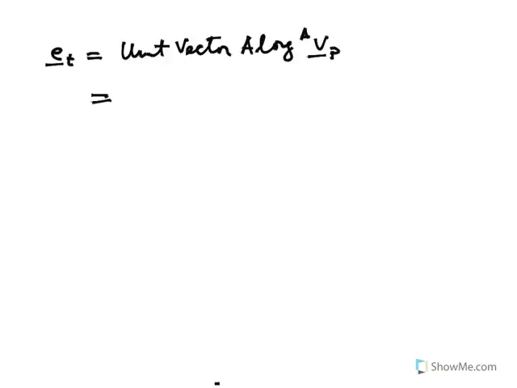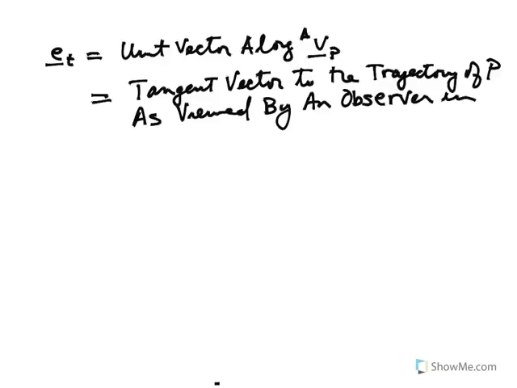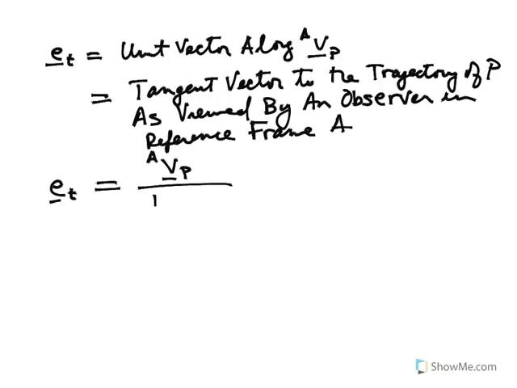And it's called the tangent vector to the trajectory of P as viewed by an observer in reference frame A. Now, because E sub t is a unit vector along that velocity, E sub t can be written as the velocity divided by its magnitude.